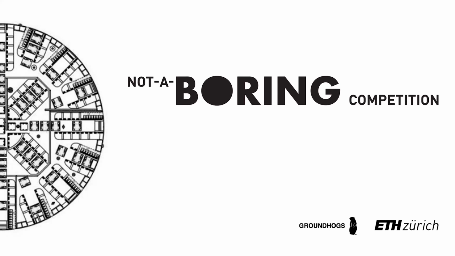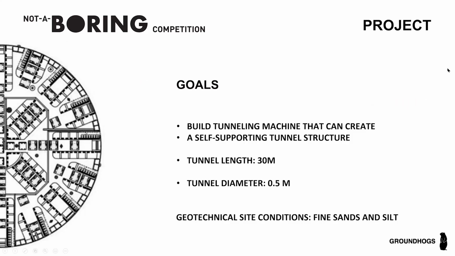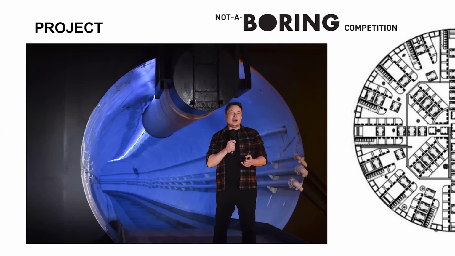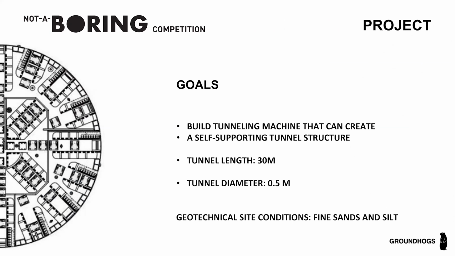My name is Darius, and I'm part of the team Groundhogs that formed at ETH to compete at the Not-a-Boring competition. This competition is held by the Boring Company, one of the companies of Elon Musk, and it's about building a tunneling machine that can build a self-supporting tunnel structure.